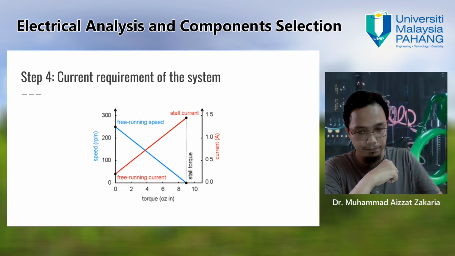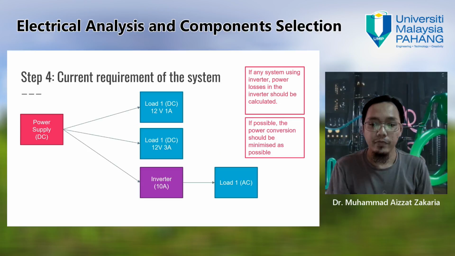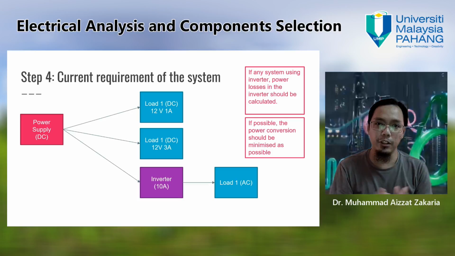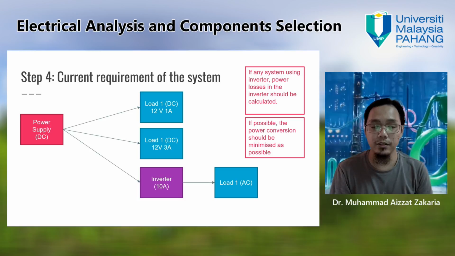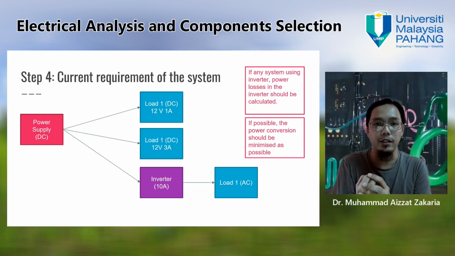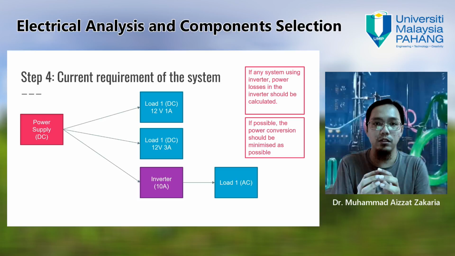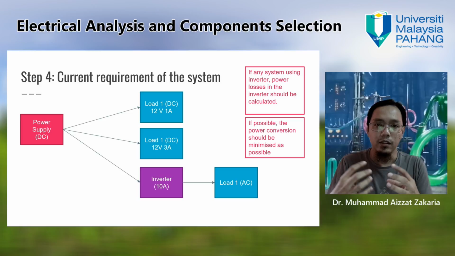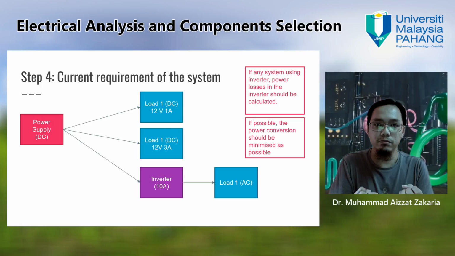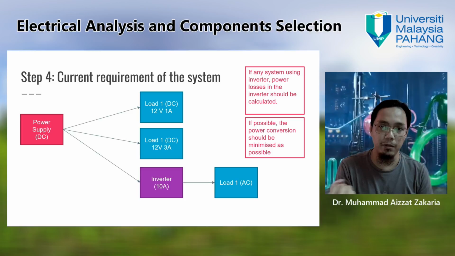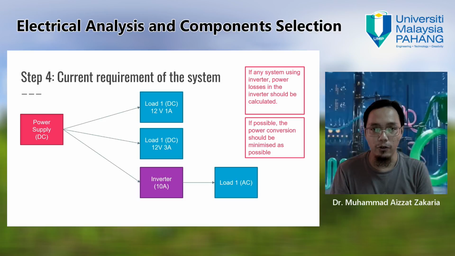And normally, when students are designing the system, you have one load, then you consider, okay, this is the current only. But you have to remember that you have one complete system with multiple load requirements inside your machine. Maybe this load is for pick and place operation, this load is for another operation.